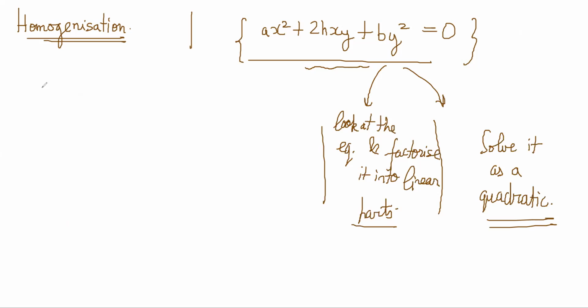Suppose I want to solve it in y. So b y square plus 2hx into y plus ax square. This is my quadratic in y.